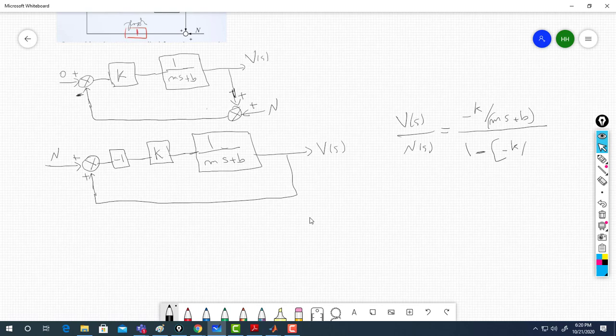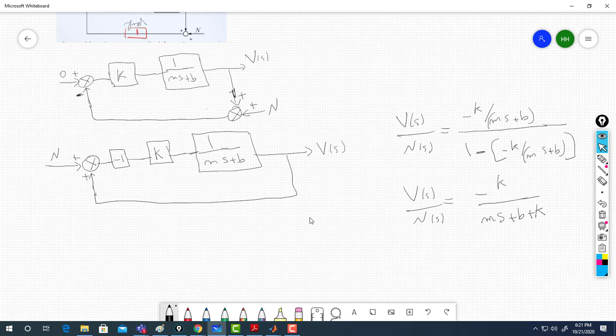Minus k over ms plus b. Good. So this is going to be, if you do the derivation, minus k over ms plus b plus k. So that's my v of s over n of s.